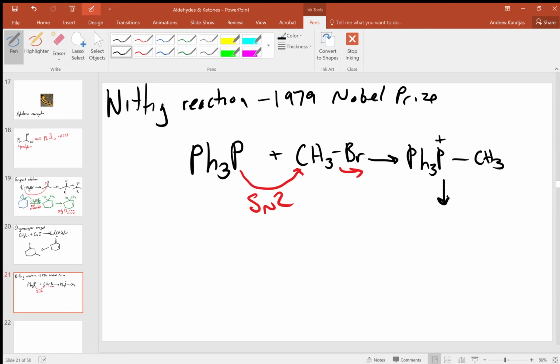And then if we add a sufficiently strong base here, we can remove one of the protons on carbon. And we end up with this rather interesting looking species that has two atoms with opposite charges right next to each other and is known as an ylid.